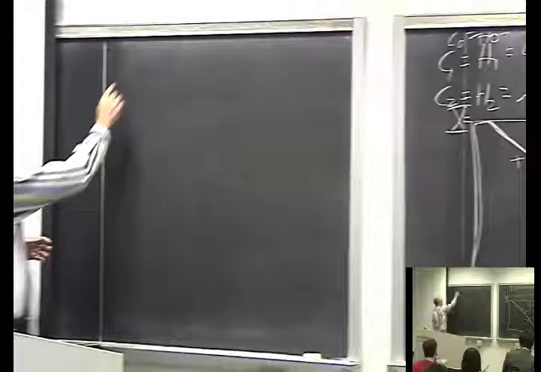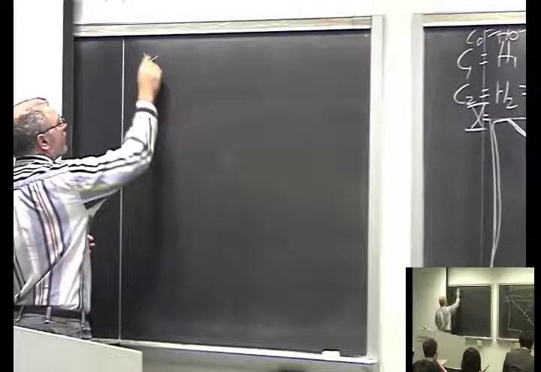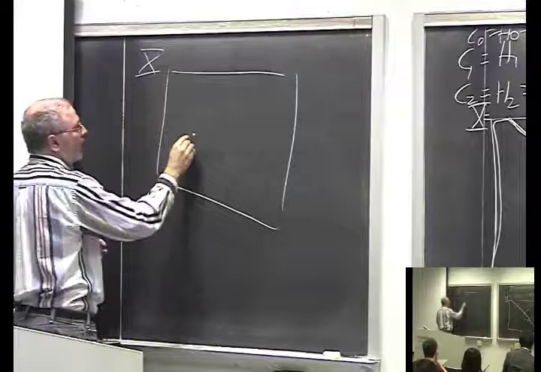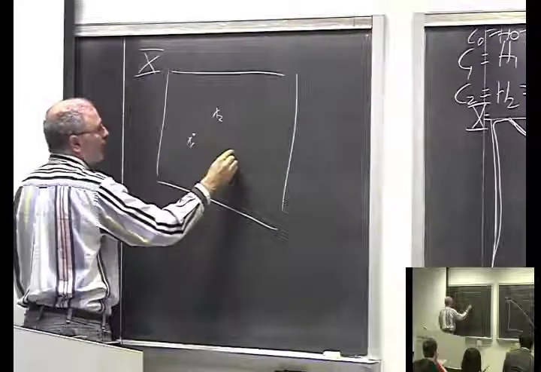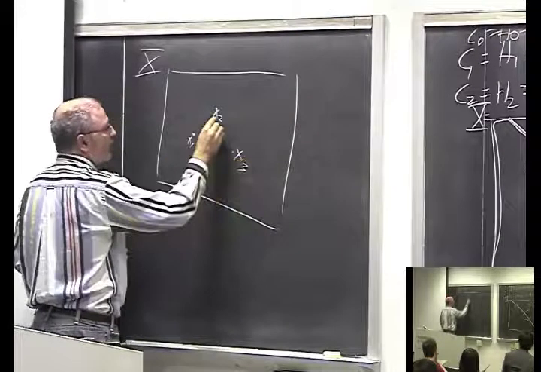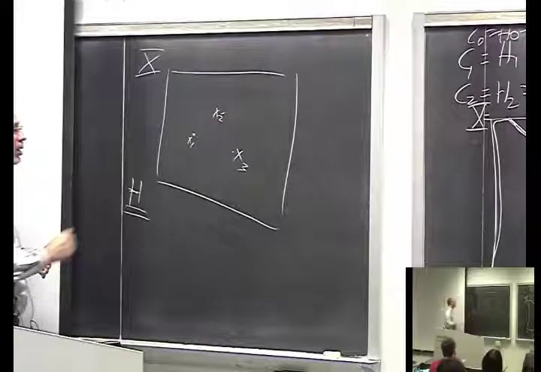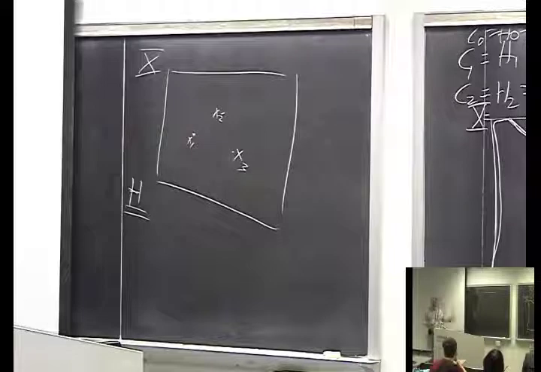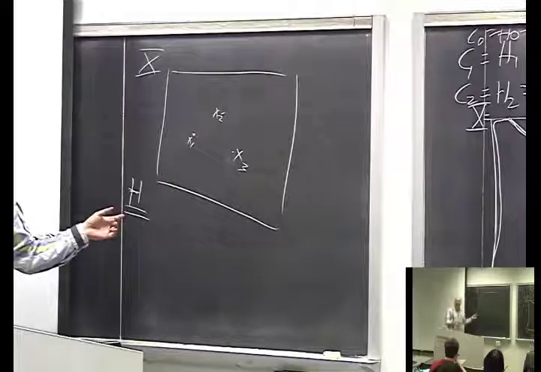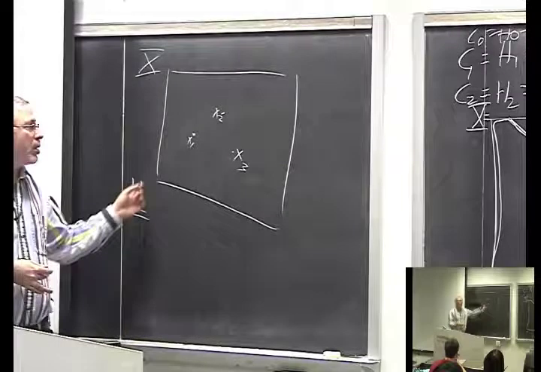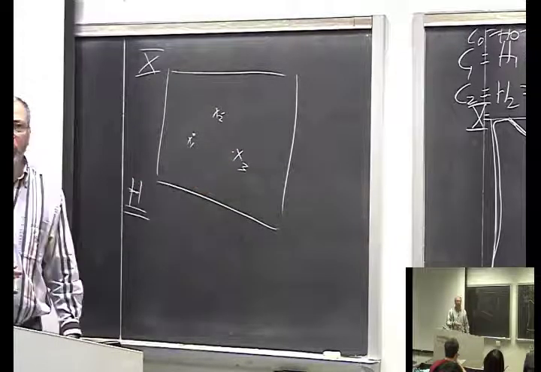You take an input space, and you take a few examples in it, x1, x2, x3, say. You have a hypothesis space in mind. You would like to know whether this hypothesis space is rich enough, discriminative enough, to make all possible distinctions based on these three inputs.